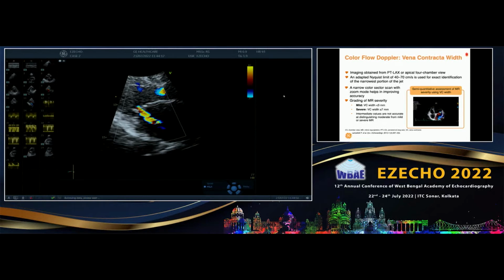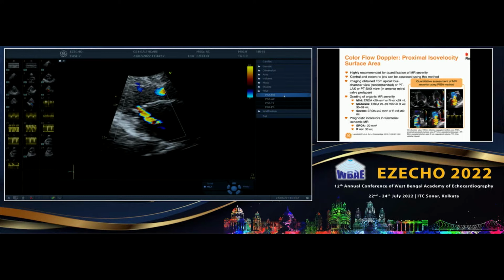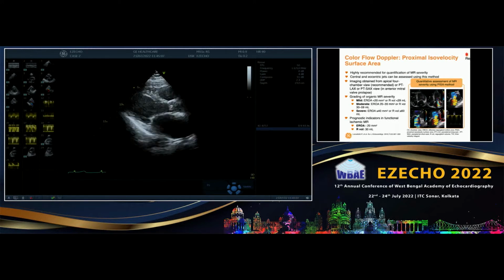Now for the PISA, I put the Nyquist limit at around 40 and less. If the vena contracta is less than 6 millimeter, I'm sure it is not important. Why?